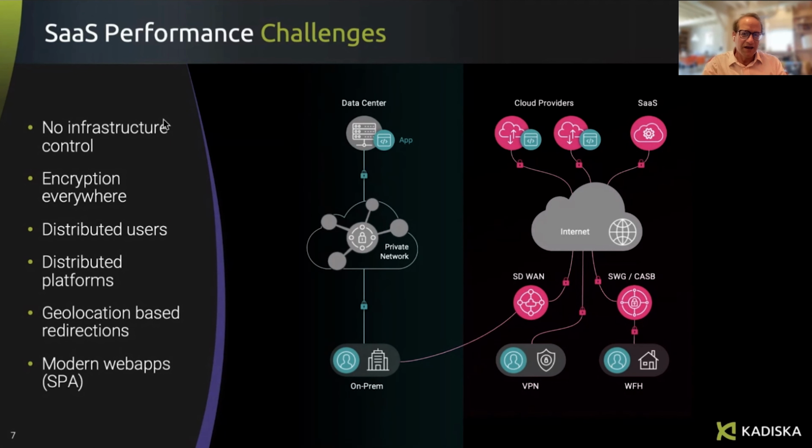And finally, when you look at the evolution of SaaS applications, there's one major factor in the way they are built today. They've moved away from the traditional web applications where any interaction your users have takes you to another page, and performance is measured by page loads.